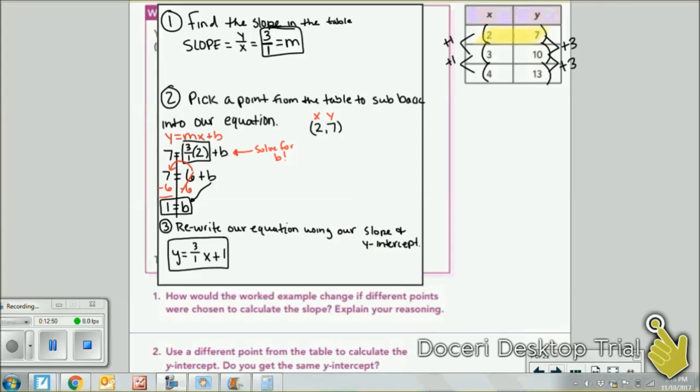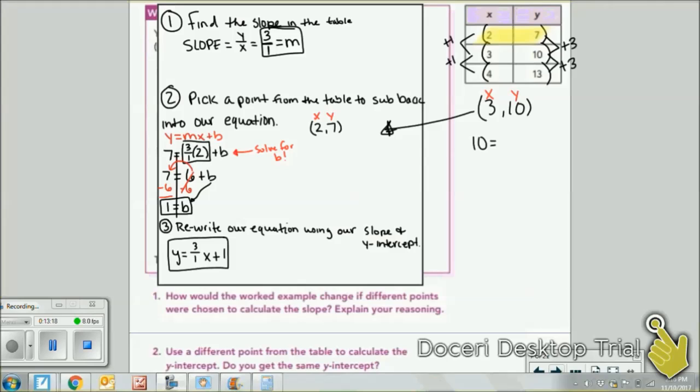Okay, so we're going to pick another point. We've used 2, 7, can't use that, so we're just going to go to the next point, which would be 3, 10. Again, 3 is our x value, 10 is our y value. That's what we're substituting in. All we're doing is using this information to do the same thing we did on step 2. So instead of 7 equals, we have 10 equals, because 10 is our y.